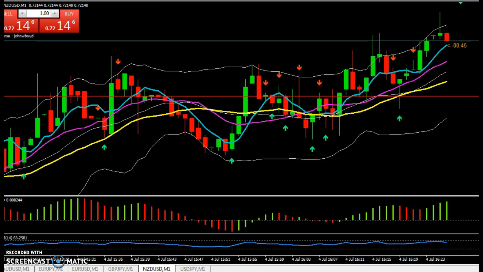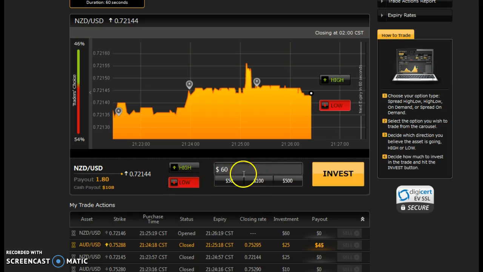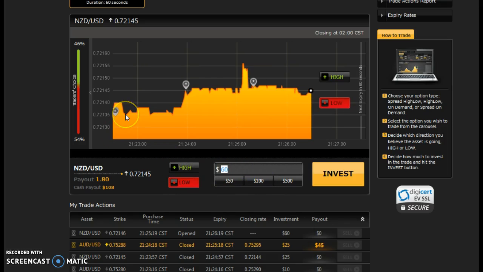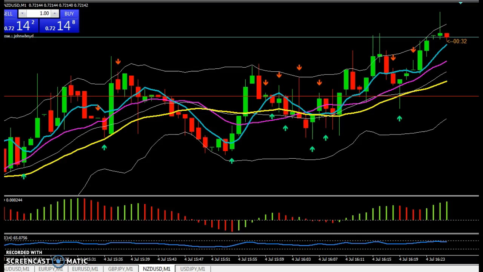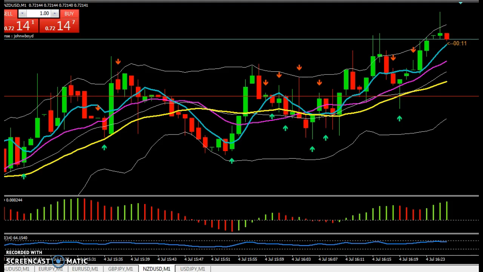That's bouncing off of the channel line. Plus the RSI, so. Might be a channel breaker though. Just waiting for a signal here.